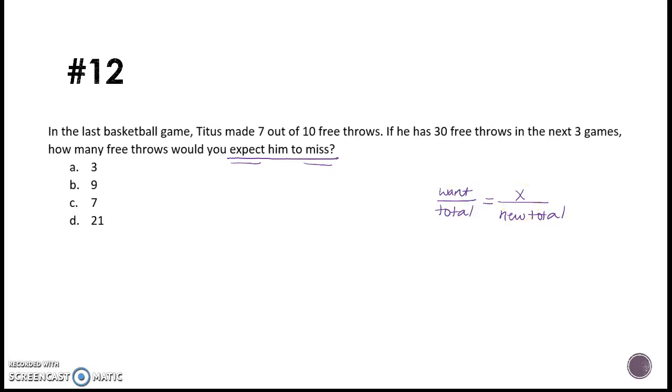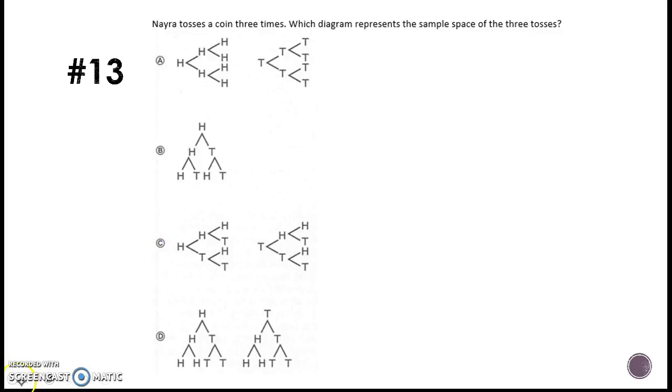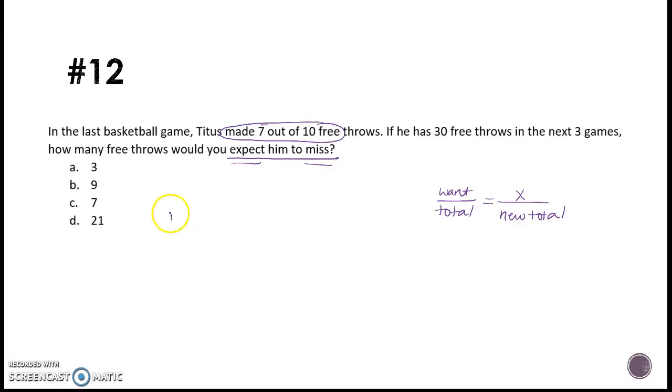So in this situation, it says he made 7 out of 10 free throws. So he made 7 out of 10 free throws, and they want to know how many out of 30.